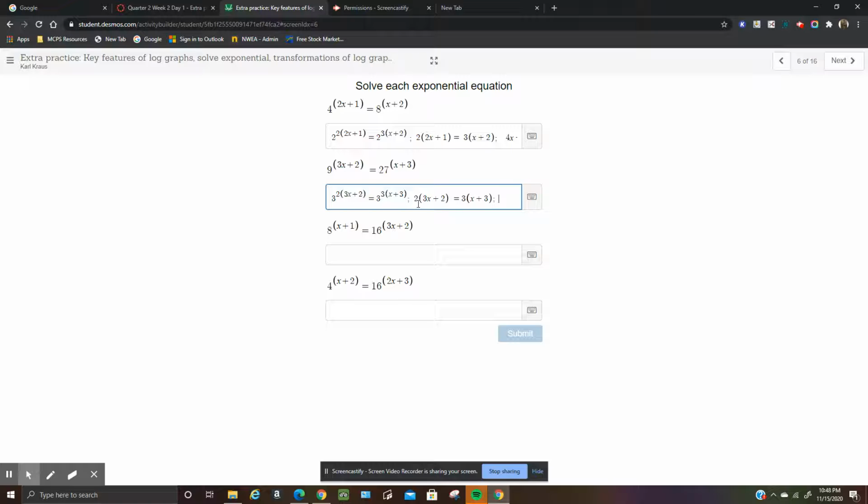And then 6x plus 4 equals 3x plus 9. And then subtracting 3x, you have 3x plus 4 equals 9.